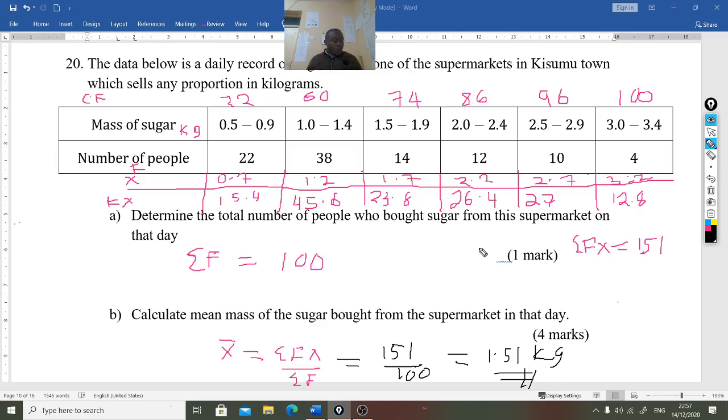Now, if you are done with that, remember, cumulative frequency I'll use, because in part D I'm asked to calculate the median.